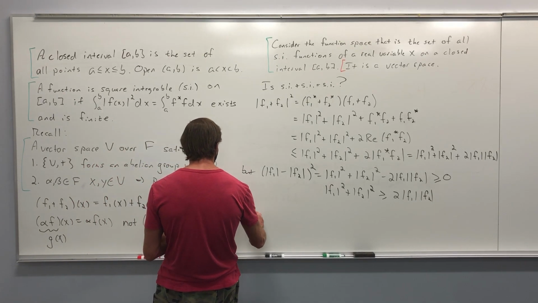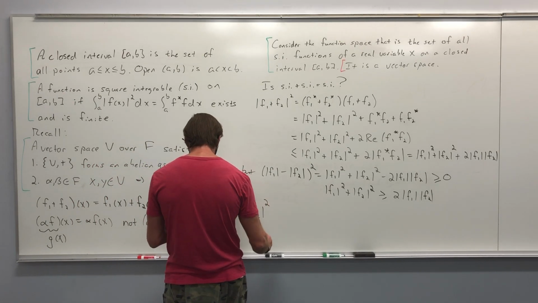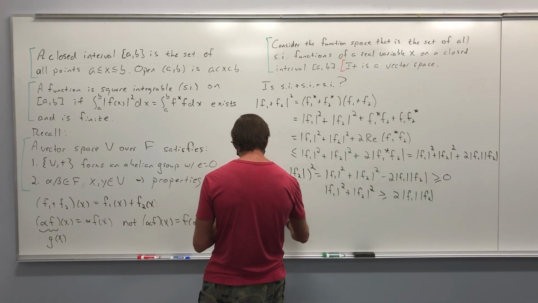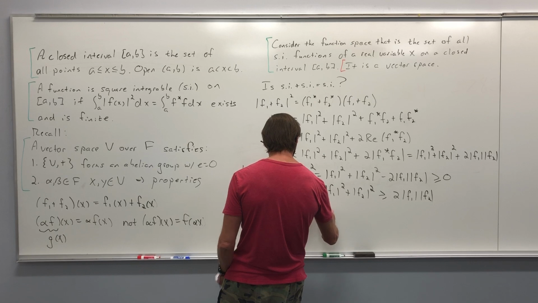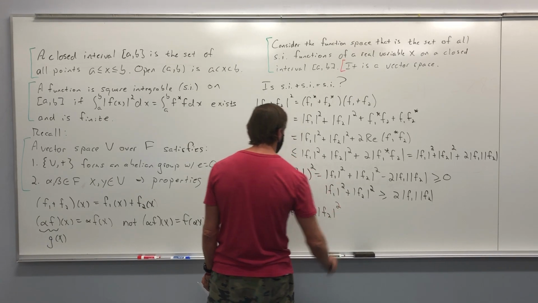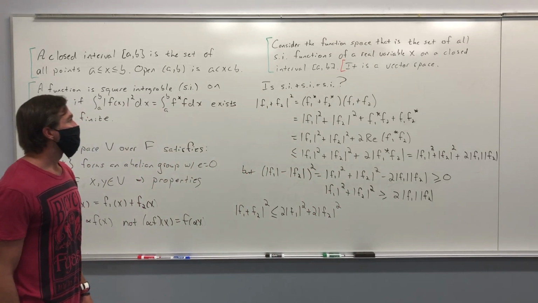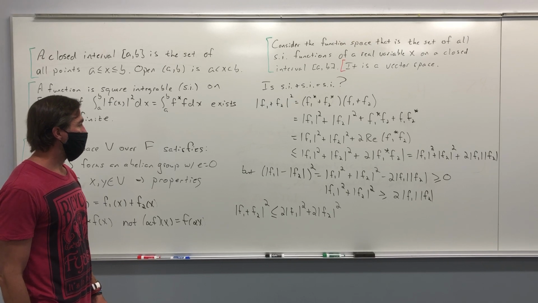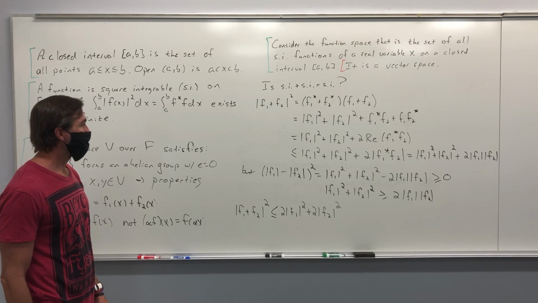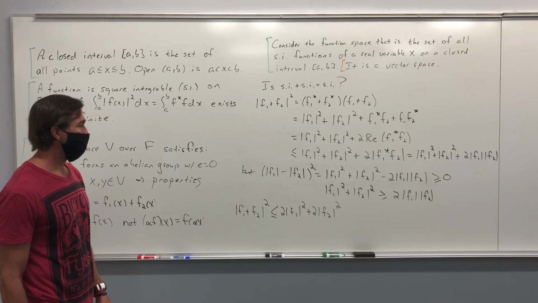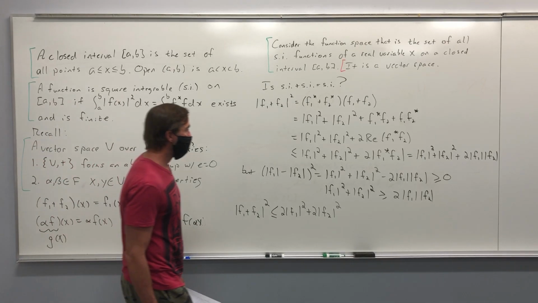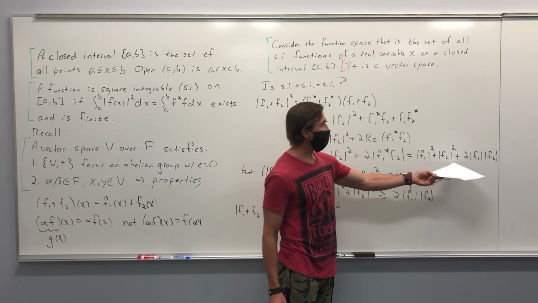F1 plus F2, quantity squared, is less than or equal to 2F1 squared plus 2F2 squared. Everybody see that? Yeah. Remember, it's smaller than this.